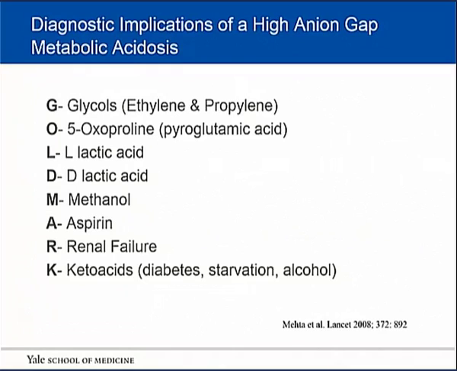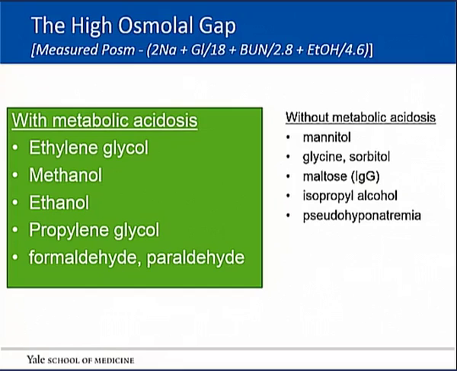Lactic acidosis, probably the most common of all of them. D-lactate in a patient like the one we reviewed in the case. Methanol, aspirin, renal failure, and all of the keto acids.